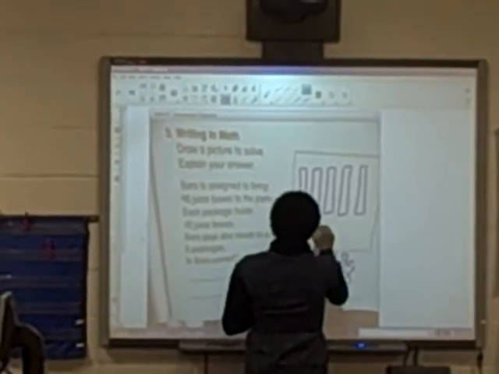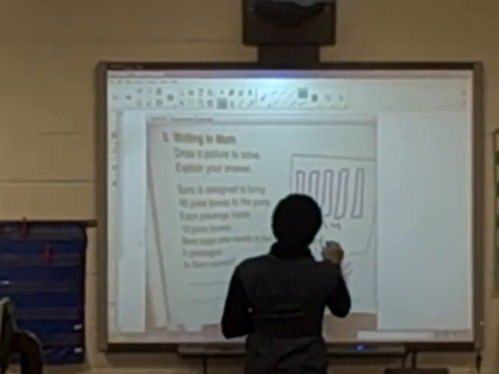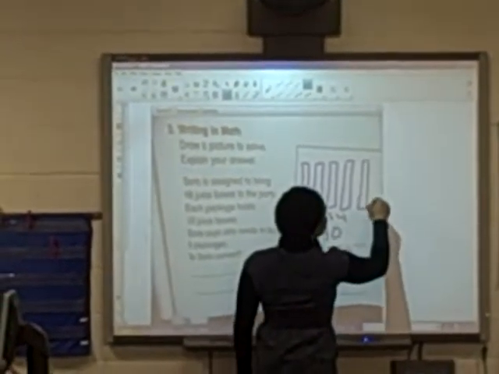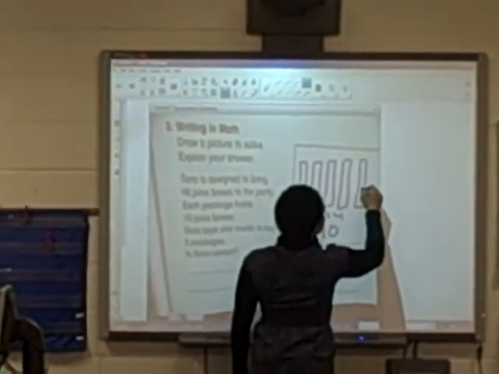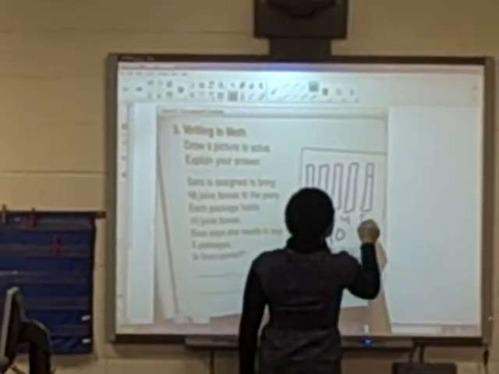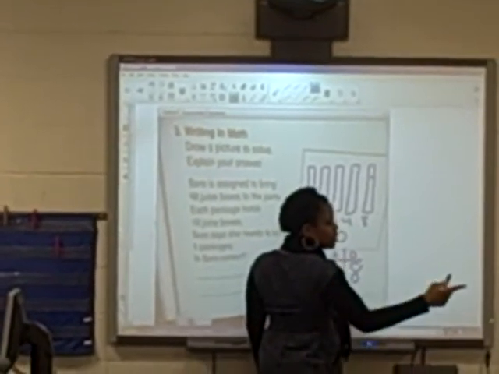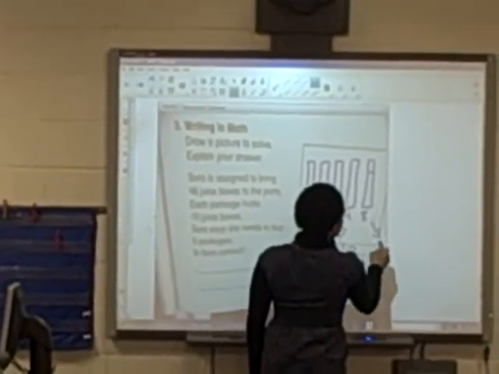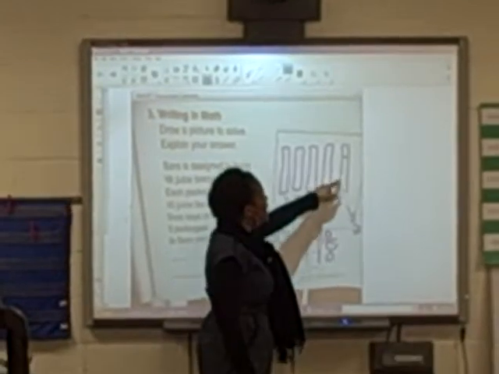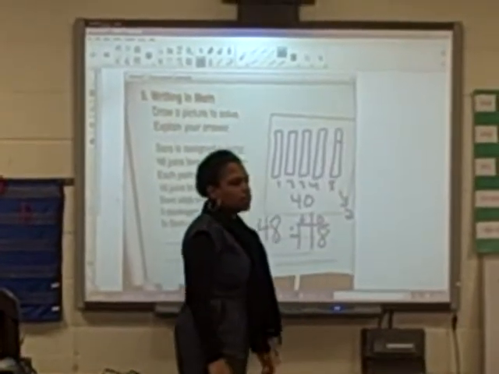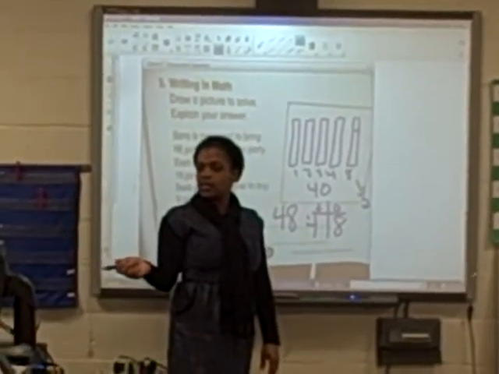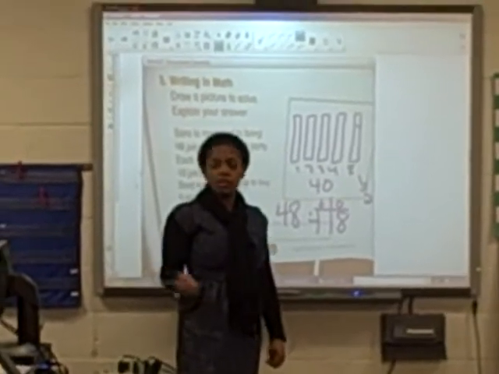If we have 1, 2, 3, 4, that's 40. We needed 50. If we only need 8 of these, how many juices will be left? Great job, 2 left over. And she will have 48 juices with those 2 left over. Everybody understand? Yes. Are y'all sure? Yes.